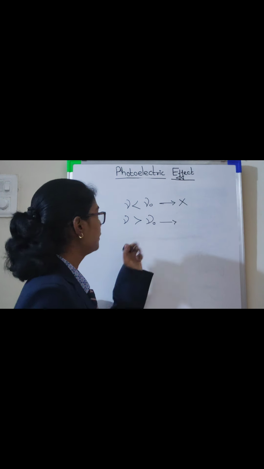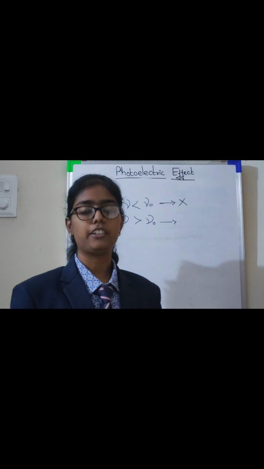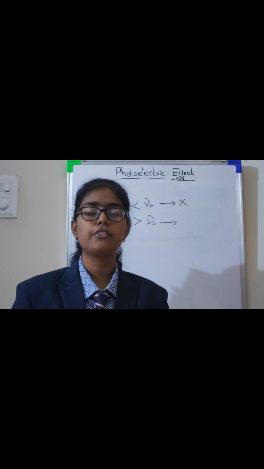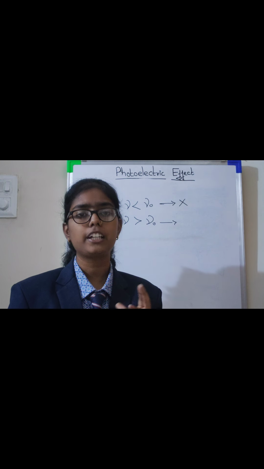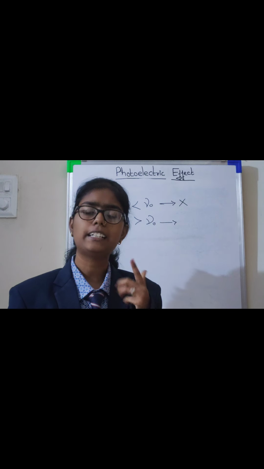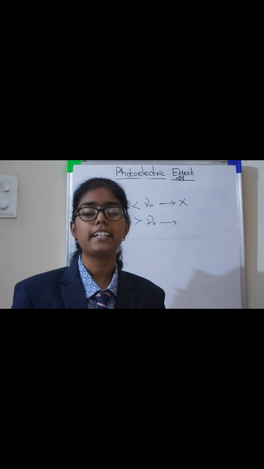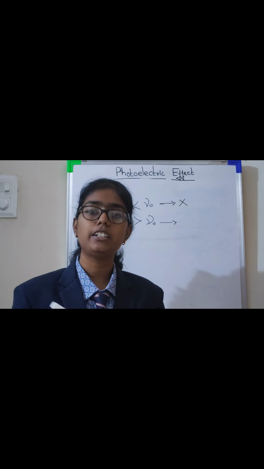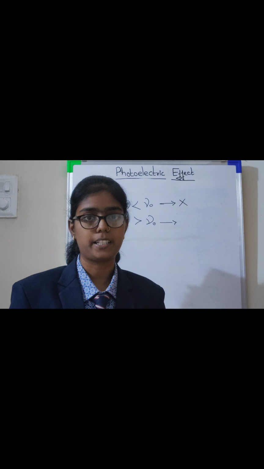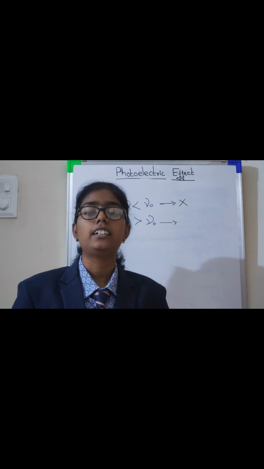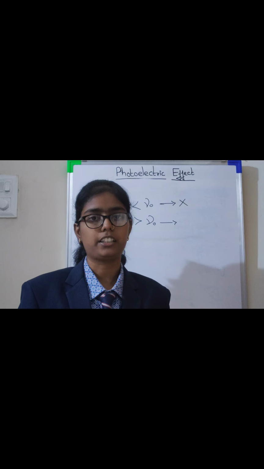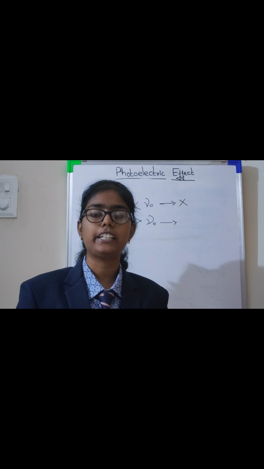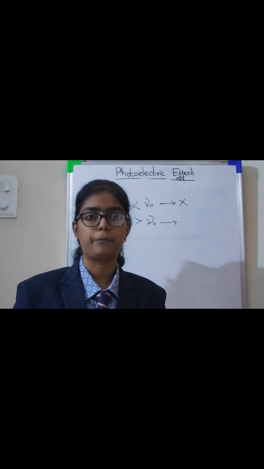If we increase the frequency of the light, the number of electrons ejecting remains the same, but the kinetic energy of the electrons increases with increasing frequency. Later we saw that the intensity does not affect the photoelectric effect; it is independent of the intensity.